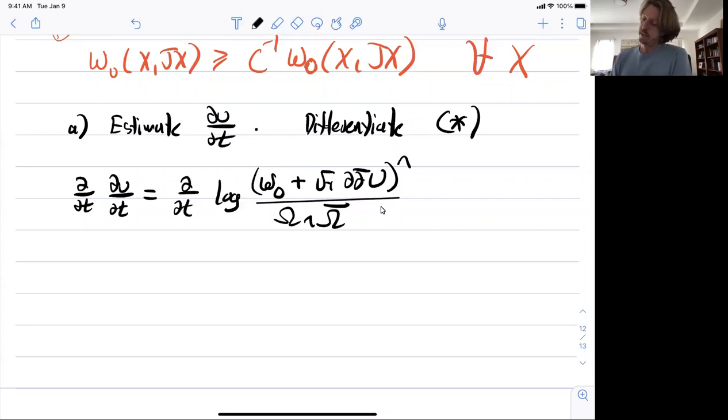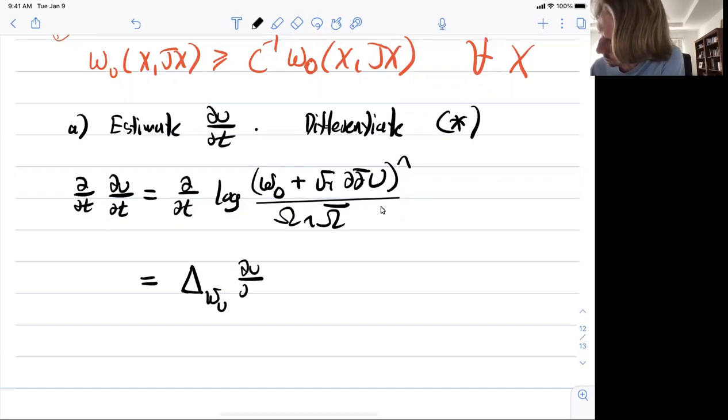It's a short calculation: the linearization of this quantity is exactly the Laplacian, the Chern Laplacian or just the standard Levi-Civita Laplacian, because everything's scalar, of del u del t.